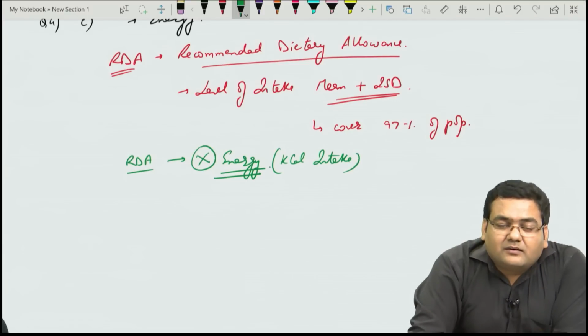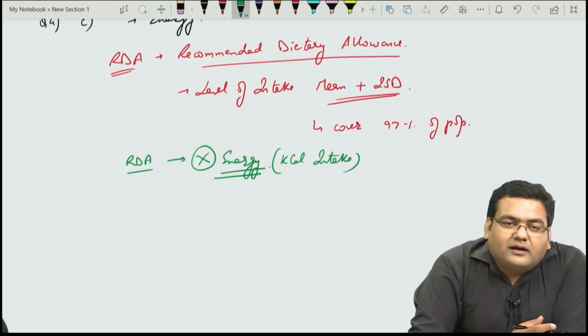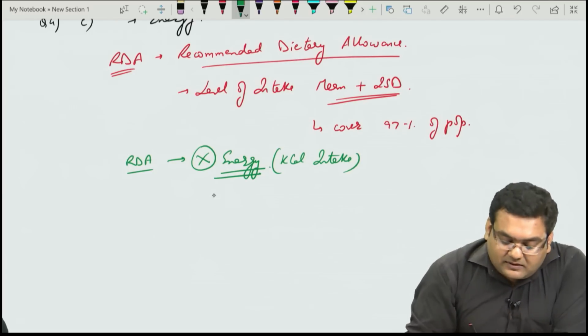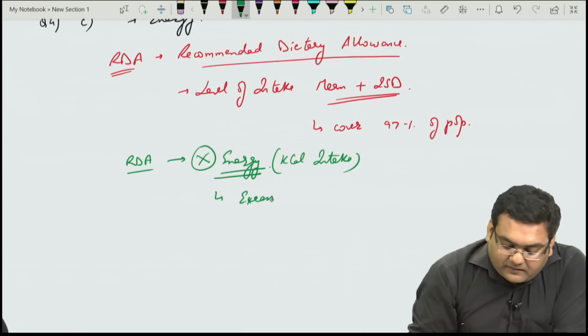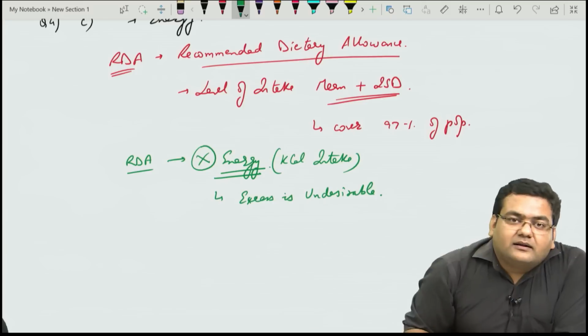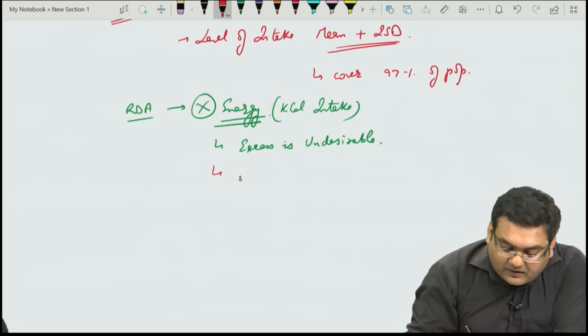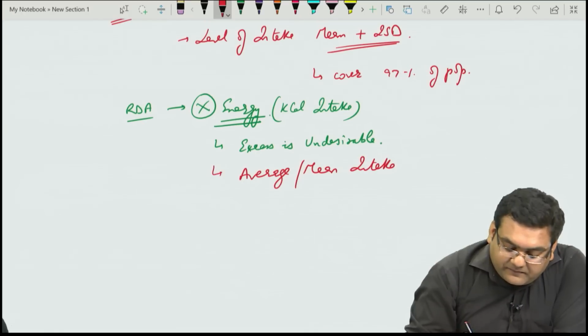Why such thing is important? Because in terms of energy, anything in excess is undesirable. So in cases of energy, average or mean intake is taken.